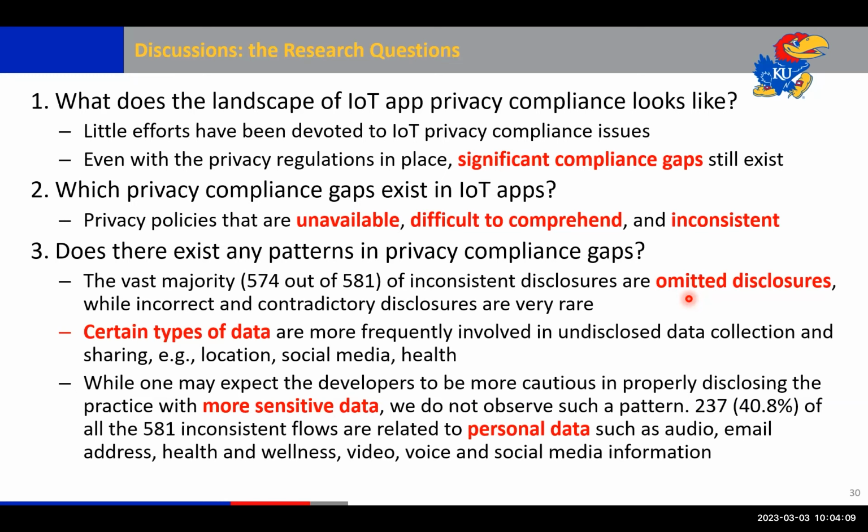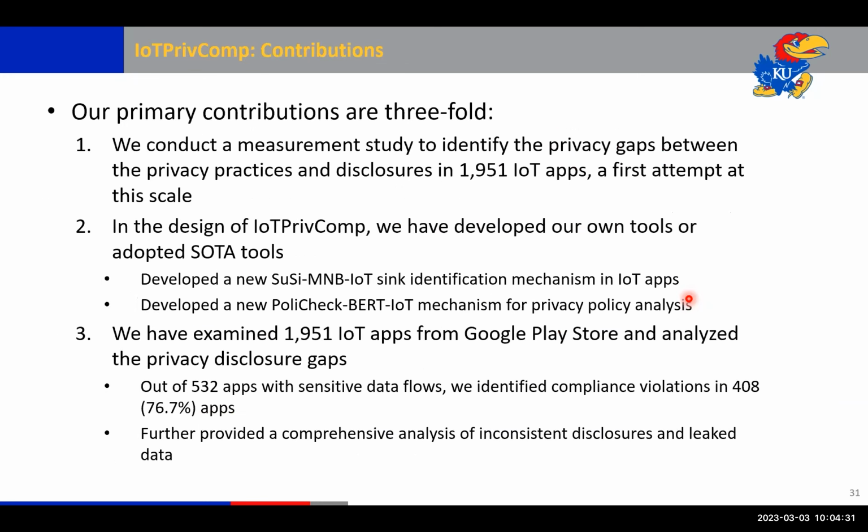Also, we would think that developers would be more sensitive when writing privacy policies for apps that capture sensitive data, but we did not find such a pattern. So this needs a lot of work from the developers and the compliance agencies, making sure that these actions are properly declared in privacy policies.